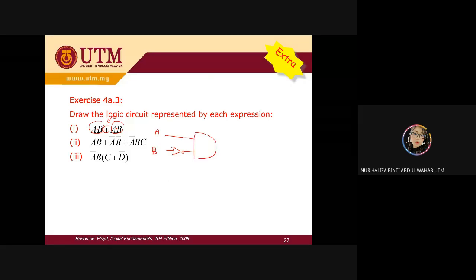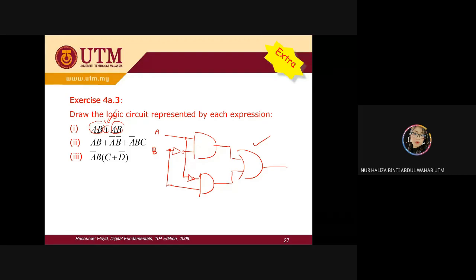And second is your A bar multiply with your B. After that, you have the addition. Addition, you will meet your OR gate. So this is your logic circuit from your Boolean expression.